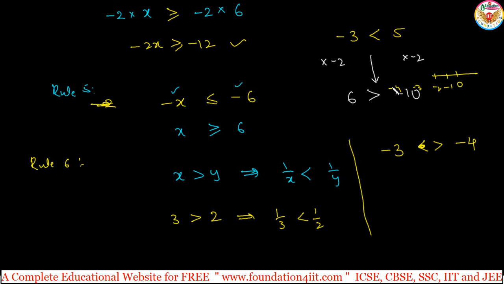So if minus 3 is greater than minus 4, then the reciprocals minus 1 by 3 and minus 1 by 4, greater becomes less. So the simple rule: if both sides are negative or both sides are positive, and you take the reciprocals, then the inequality sign will be reversed. Yes, these are the 6 important rules we'll apply in these problems, and when I'm doing the solutions for the inequations, I'll explain again.